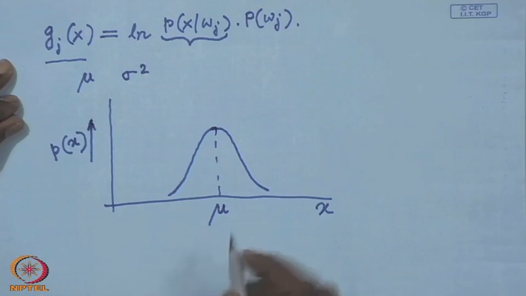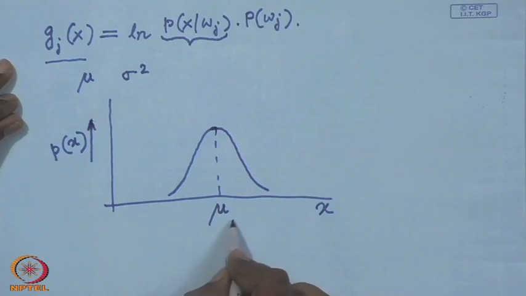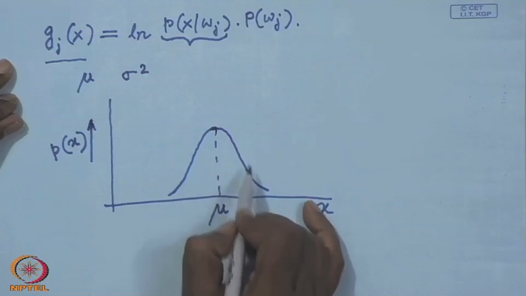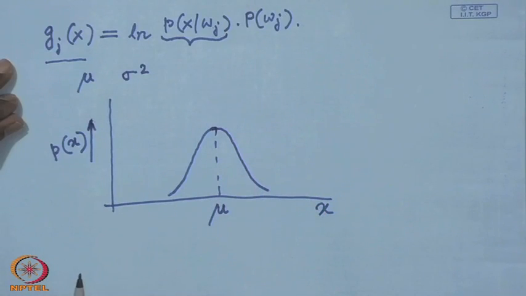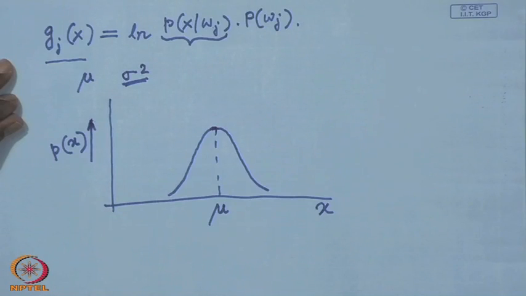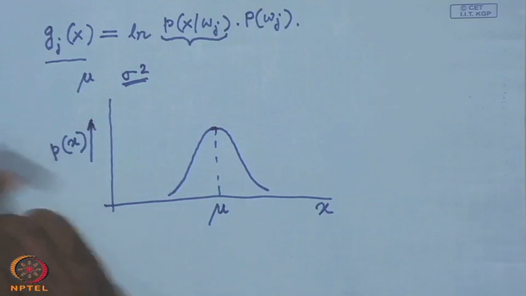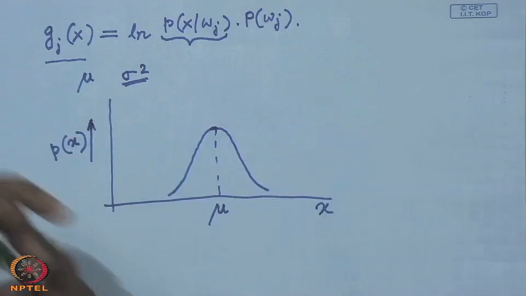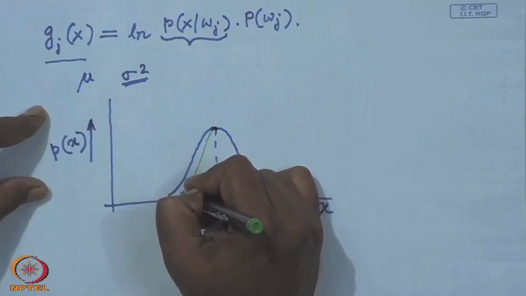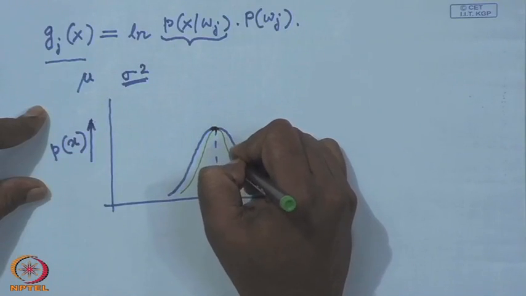You all know that the position of the peak is decided by the mean mu, and the shape of this probability density curve depends upon the variance, sigma square. If the variance is very small, the curve will be very sharp, something like this.